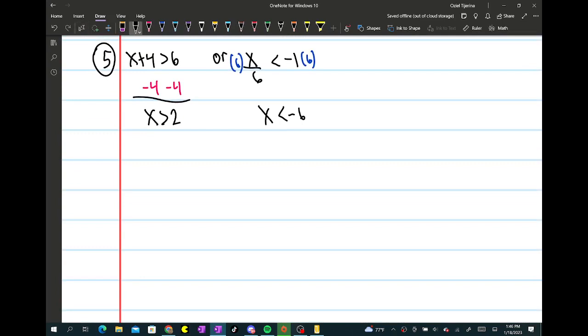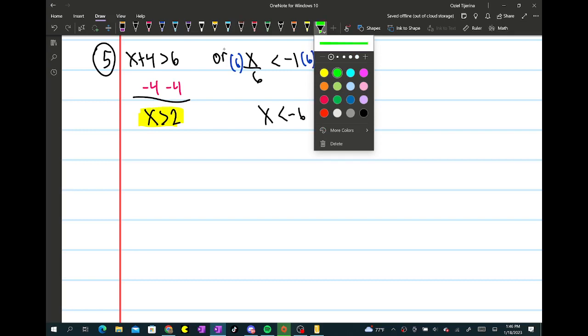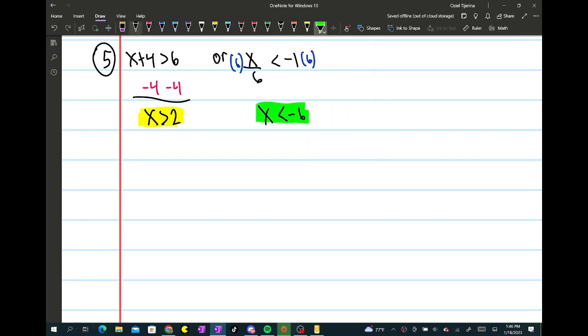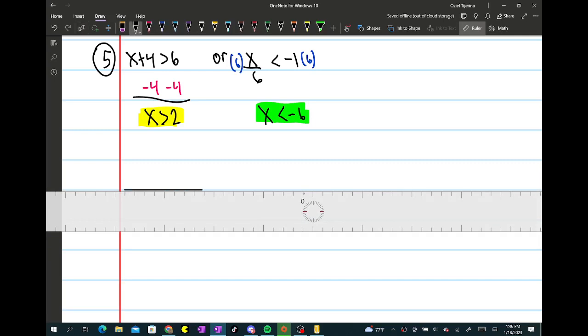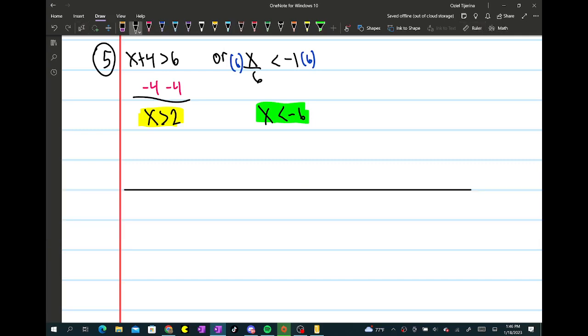So basically, we have two separate inequalities. On the number line, it would look something like this. Here's 0, -1, -2, -3, -4, -5, -6. In that part, there is an open circle because it's less than, right?